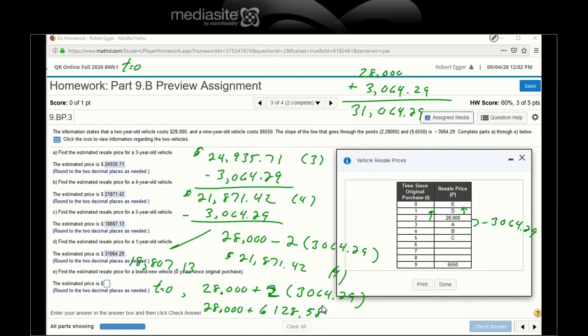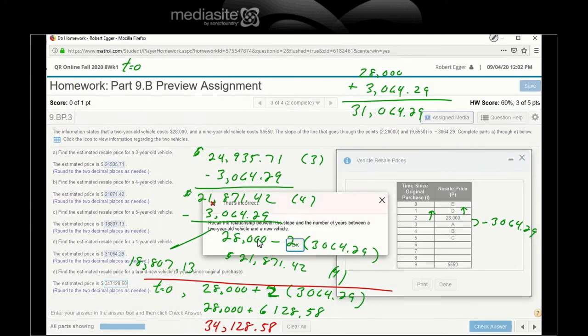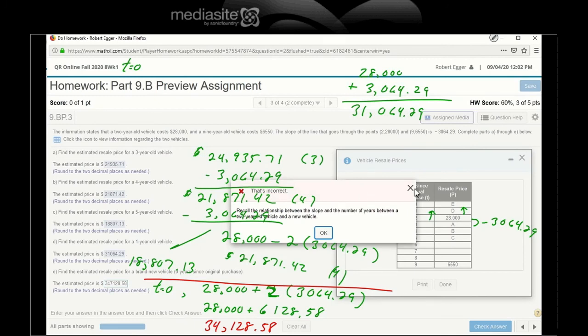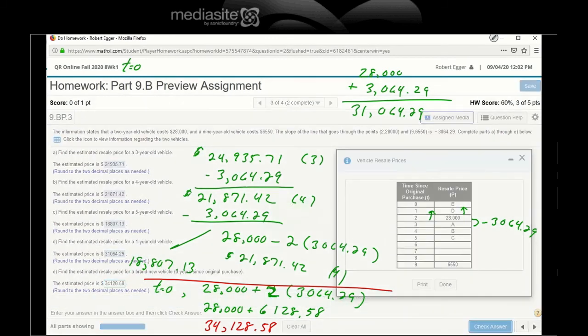What appears to look like $34,128.58. Let's see if we're correct. 34,128, all without a calculator. $128.58. There we go.